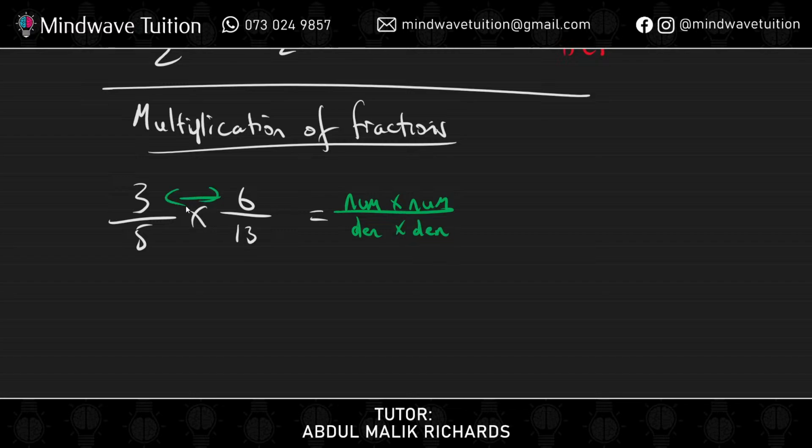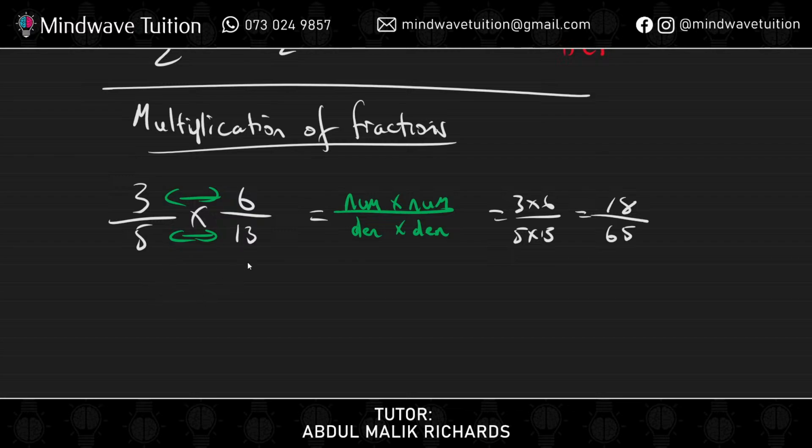So you're going to be multiplying across like that. So it's going to be 3 times 6 over 5 times 13. 3 times 6 is 18, and 5 times 13 is 65. And there we go. That's it for multiplication of fractions.